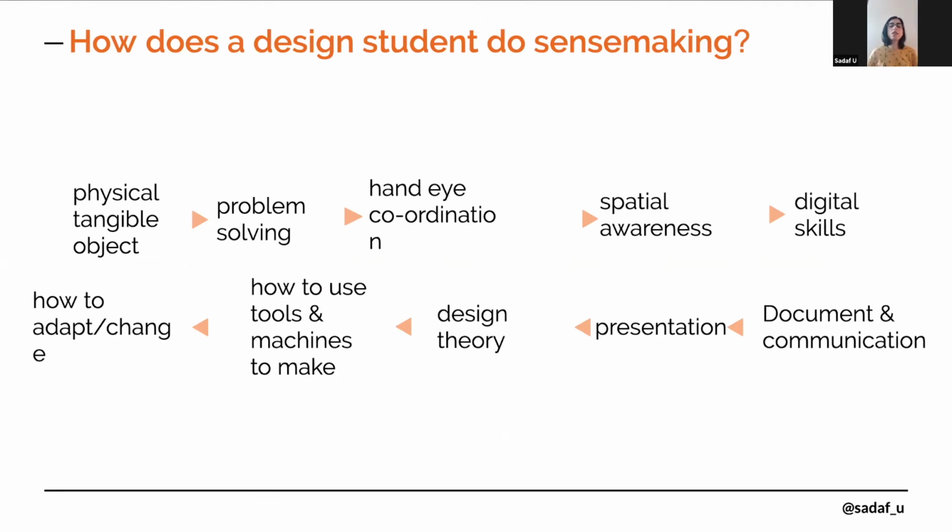So how does a design student do sense making? There are a few different things, as you can see, that students will do as a way of understanding, first of all, their design theory, but also how they apply it.